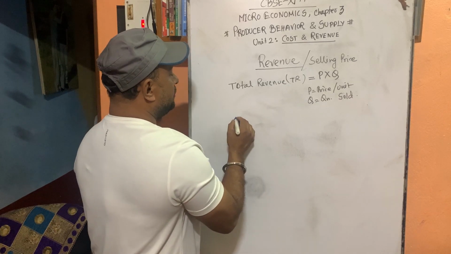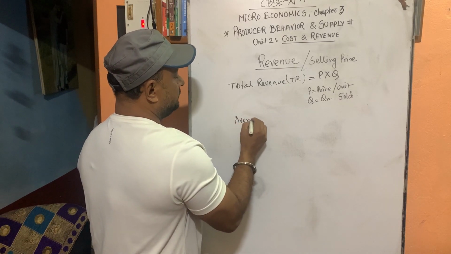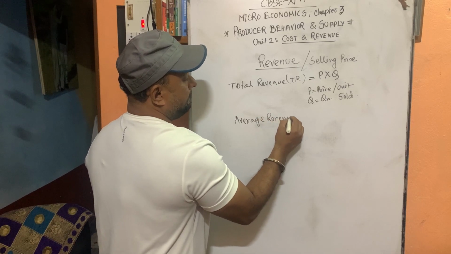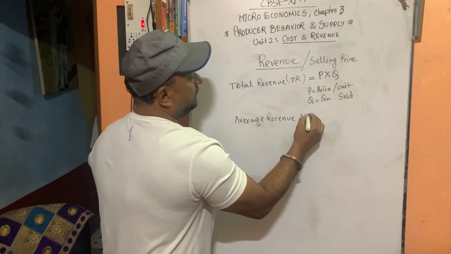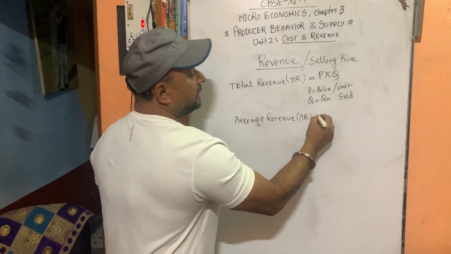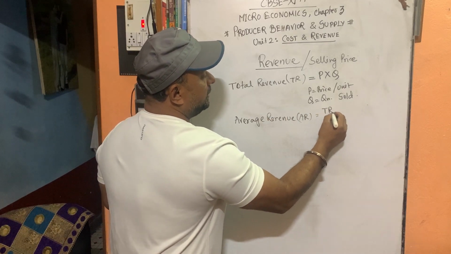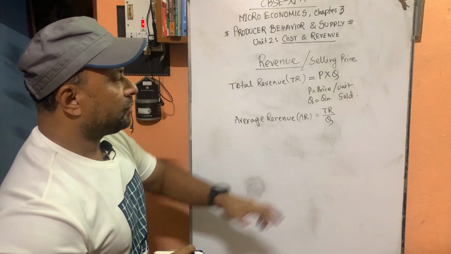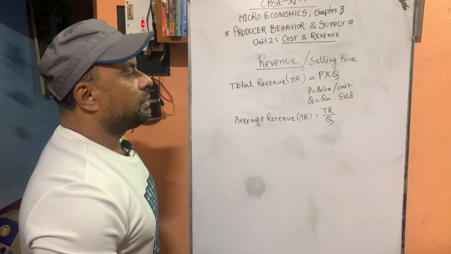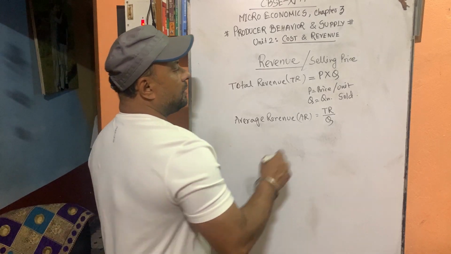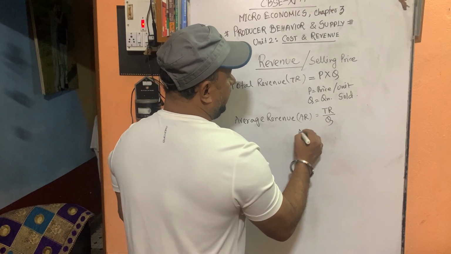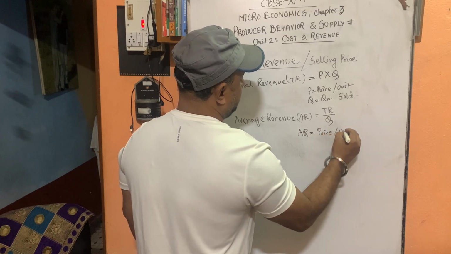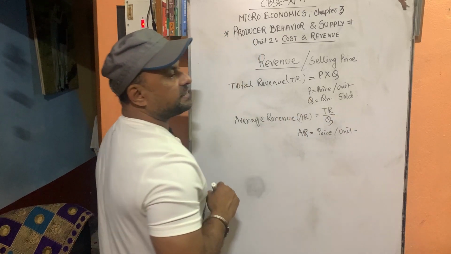Okay, second one is average revenue, AR. Average revenue is what? Total revenue divided by quantity sold. Means the ratio between total revenue and quantity sold is the average revenue. In other words, average revenue is nothing but price per unit. Average revenue and price are the same thing.